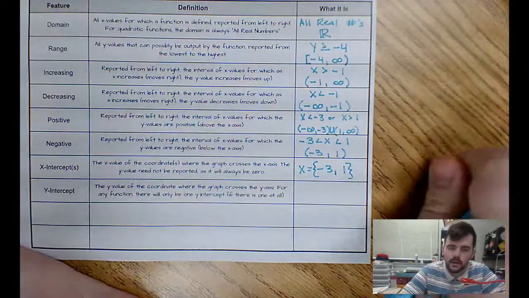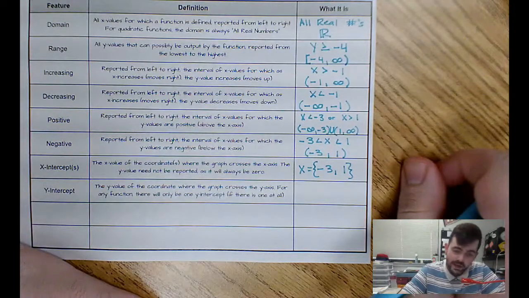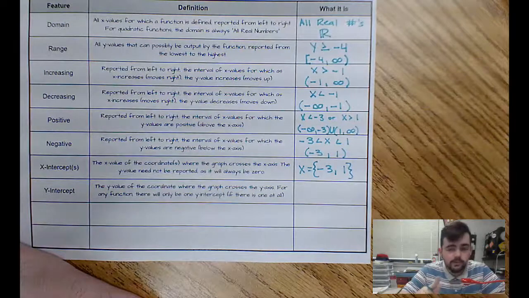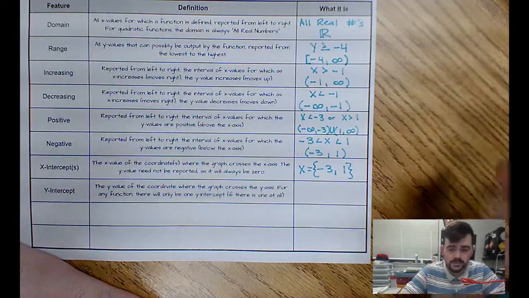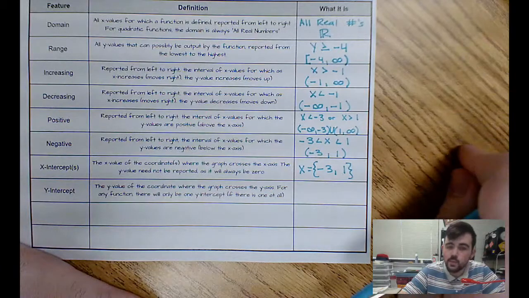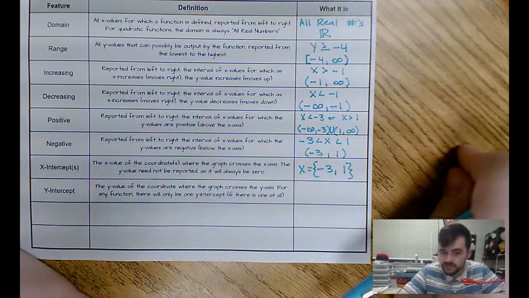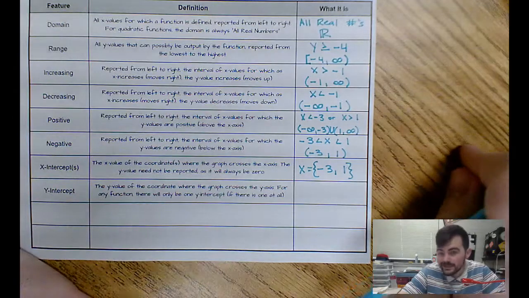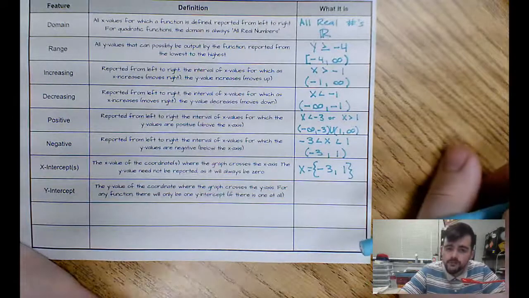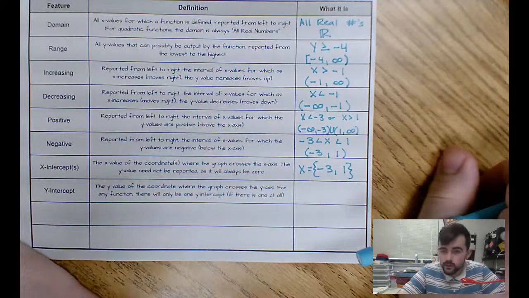I don't know. And the last key feature that we've talked about is the y-intercept. Now notice this is not plural. There's one y-intercept. The y value of the coordinate where the graph crosses the y-axis. Now, we say the y value only because if it's a y-intercept, the x will be 0. For any function, there will only be one y-intercept if there is one at all.